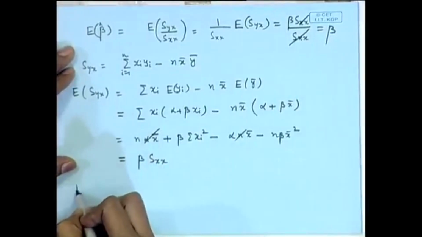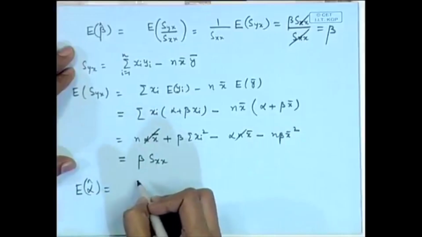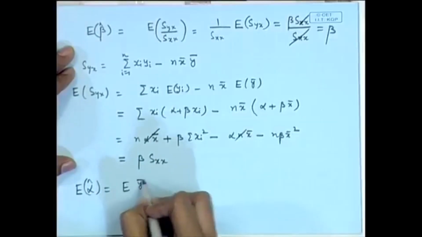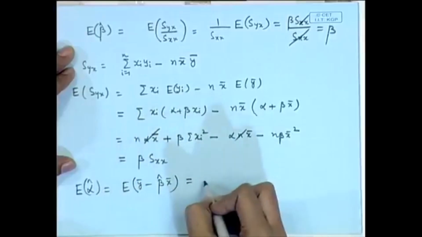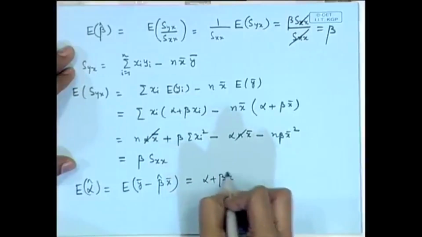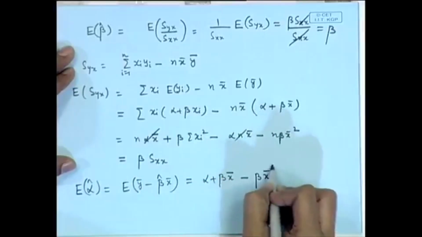Similarly, if I look at expectation of alpha hat, that is equal to expectation of y bar minus beta hat x bar. Now, expectation of y bar is alpha plus beta x bar, and expectation of beta hat we have proved to be beta. So, this cancels out.